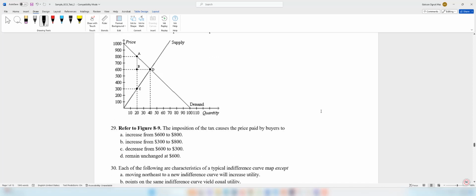The imposition of the tax causes the price paid by buyers to change. The price paid before, at equilibrium, was 600, but because of the tax, consumers now pay 800. So the buyers' price paid increases from 6 to 8.